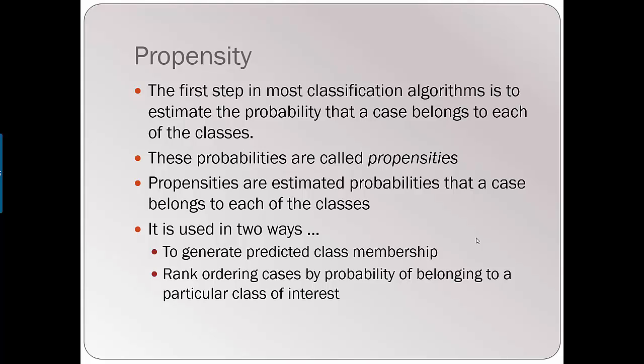And the second way is similar to the lift chart that we talked about in the interval target. Here we want to rank order the observations from top to bottom in terms of probability of an event, so in descending order of propensity. So if class equal to 1 is say bad credit, then we want to rank order the ones who are really bad credit at the top and not bad credit at the bottom.